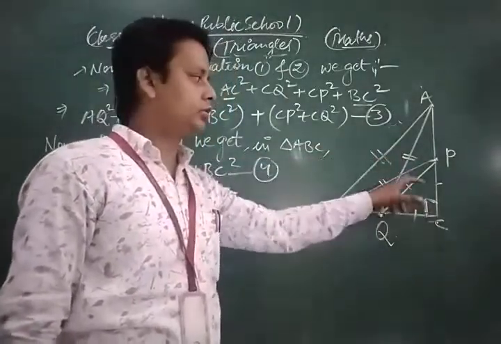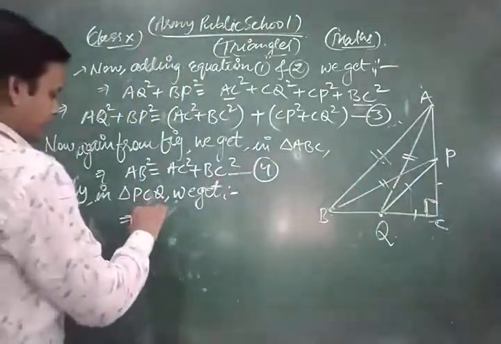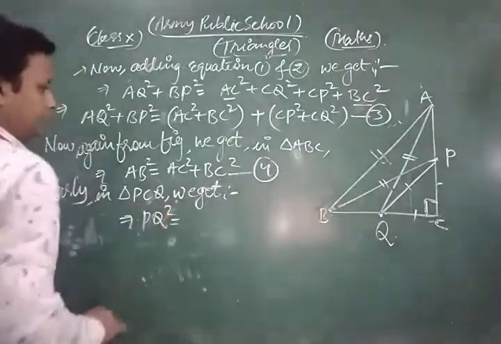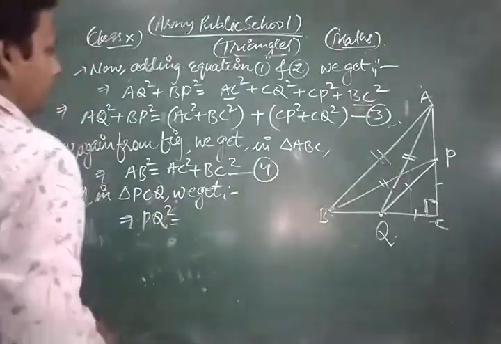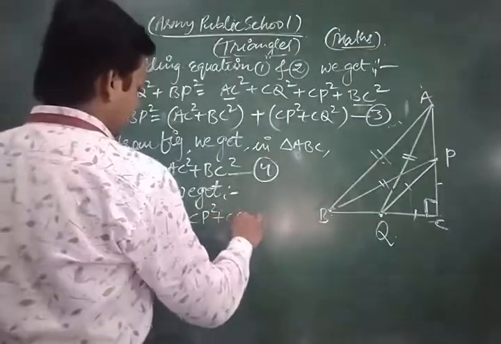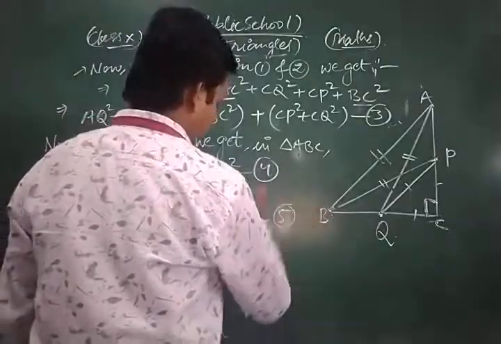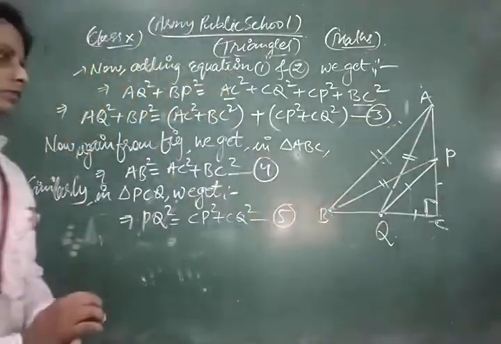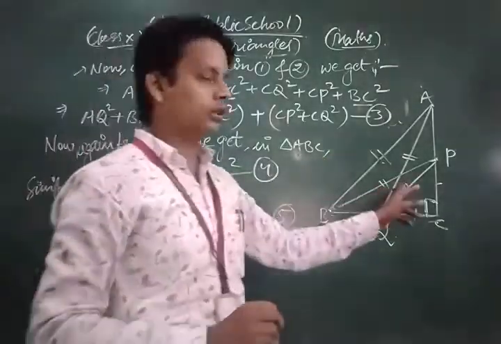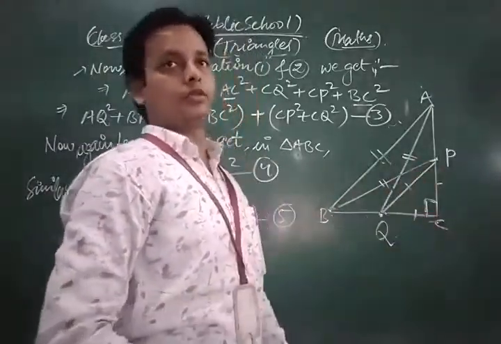So the side opposite to that is your hypotenuse. So PQ square is equal to CP square plus CQ square. Take equation number 5. Because this is your hypotenuse, this is your base, this is your perpendicular. So according to that we get that relation. Okay.